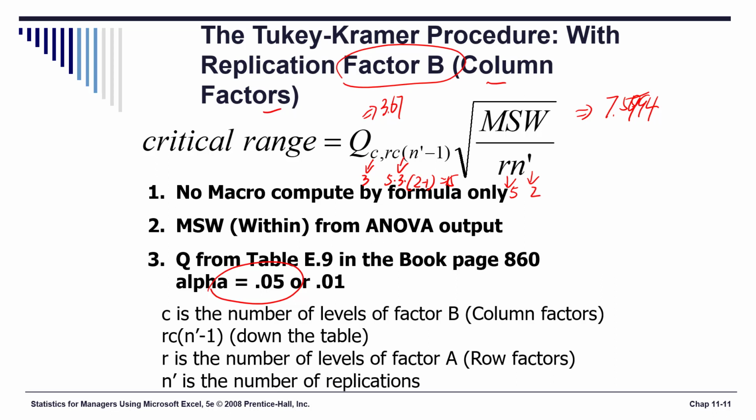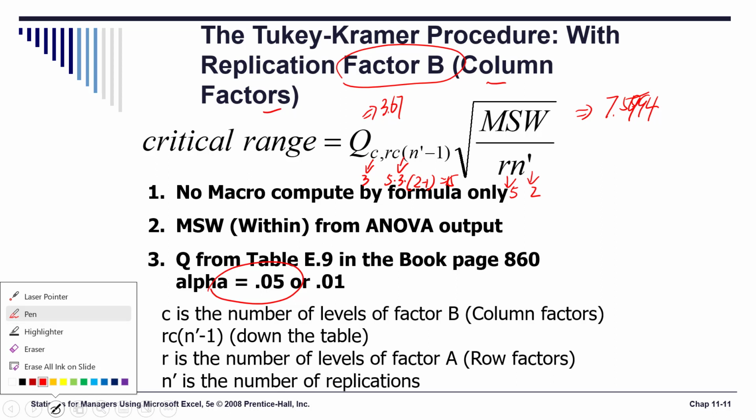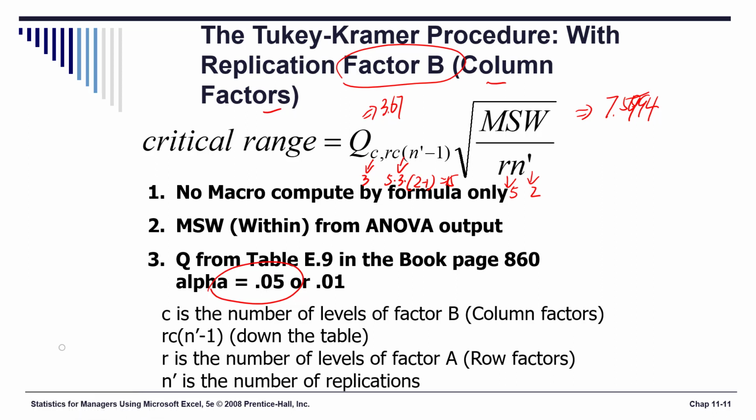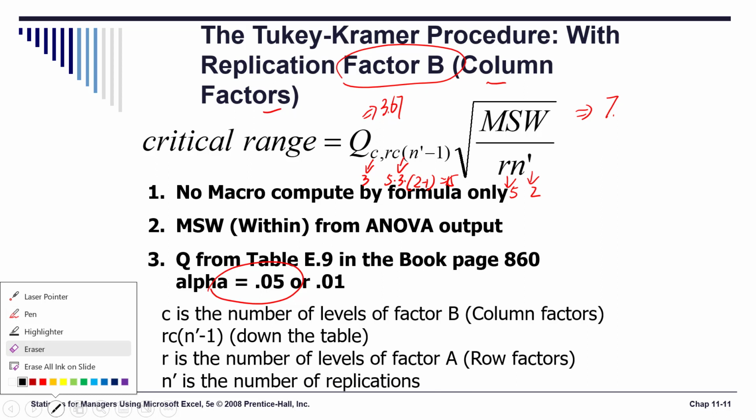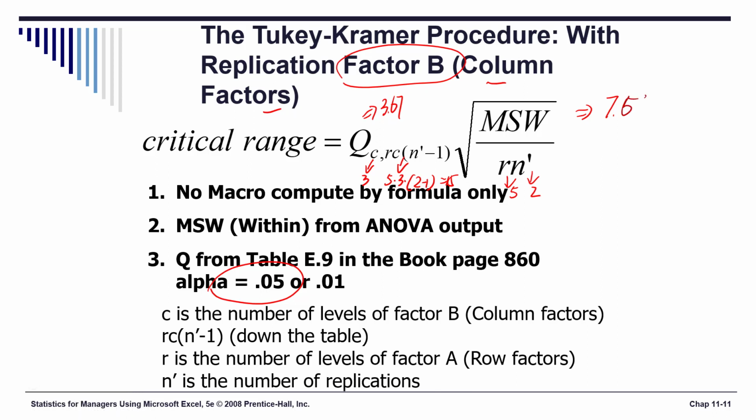I'm just throwing all the numbers into the formula, and now we're going to get a critical range, and we compare each pair of absolute differences with the critical range, and we decide whether they are different or not. Okay, so C is the number of columns, the levels of the column factor. R times n prime minus 1, those two are needed to look up the Q values. R is the number of levels of the row factor, and n prime is the number of replications as well.